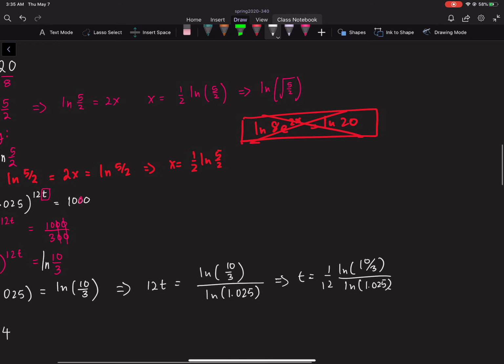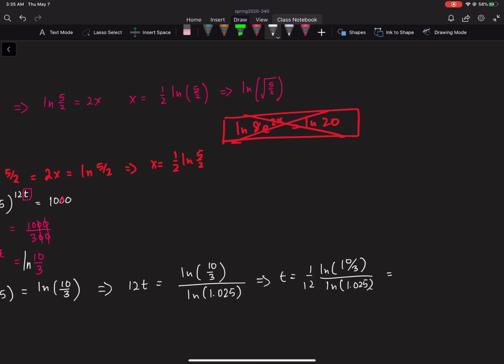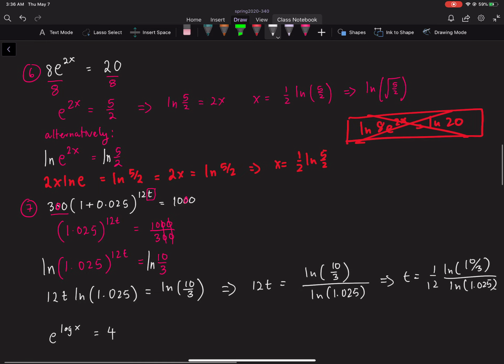If I utilize some of my laws of logarithms, the division tells me that I can write that as ln 10 minus ln 3, divided by ln 1.025, with the 1 over 12 outside. That's equal to t. Anytime I get the opportunity to express things using my properties, I'm going to take that opportunity so that I'm constantly learning these properties and it becomes second nature to me.